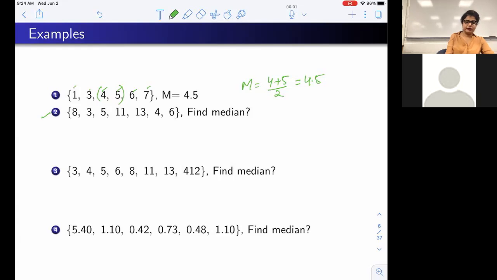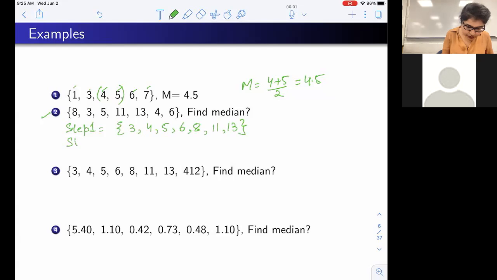The first step is to write it in order, starting from the smaller value: 3, 4, 5, 6, 8, 11, and 13. Now it's in order.